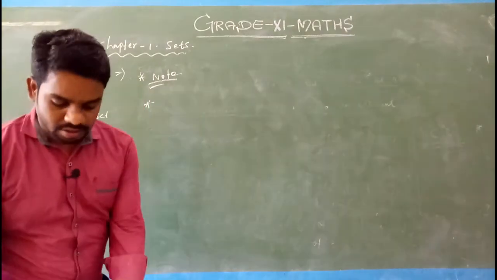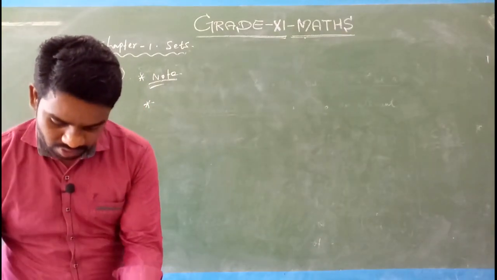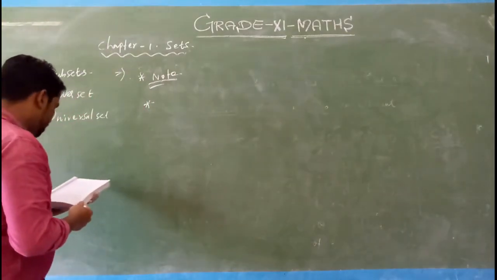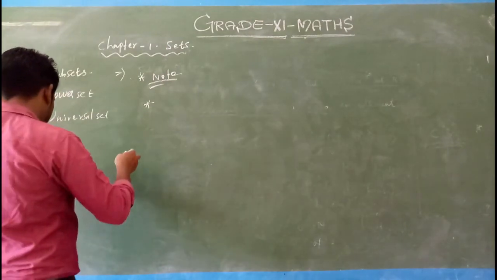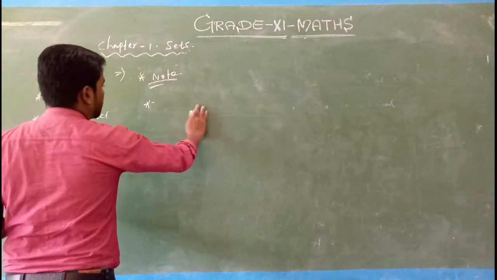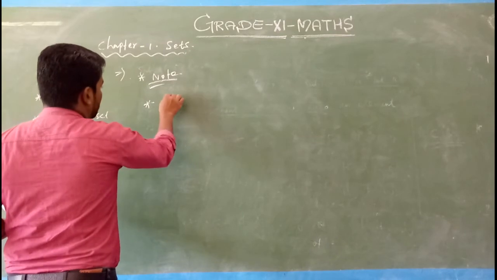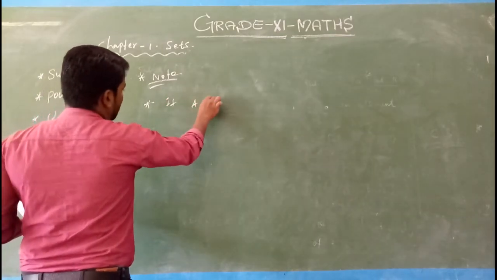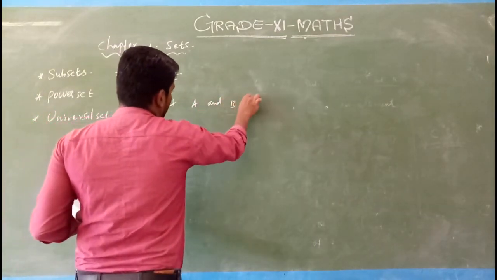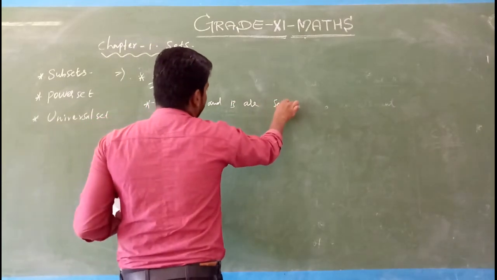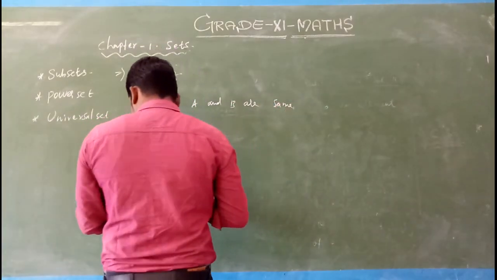First note: if A and B have the same elements, they are the same set.